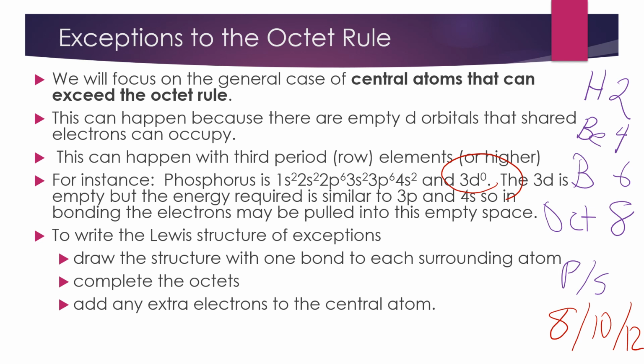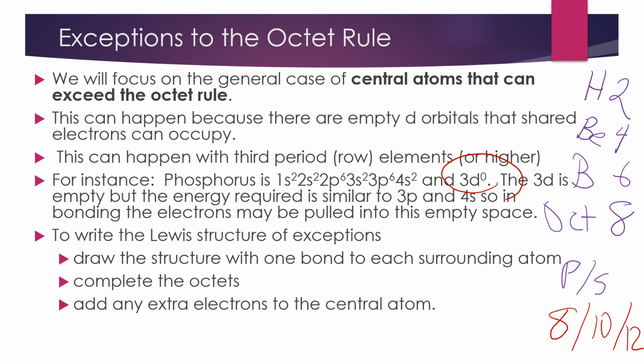No. So that space is empty. There's no electrons in that space. It's got 3s and 3p electrons, nothing in the 3d, which means if bonding occurs and there's empty space, can electrons get pulled into that empty space? That's why phosphorus and sulfur could violate the rules.